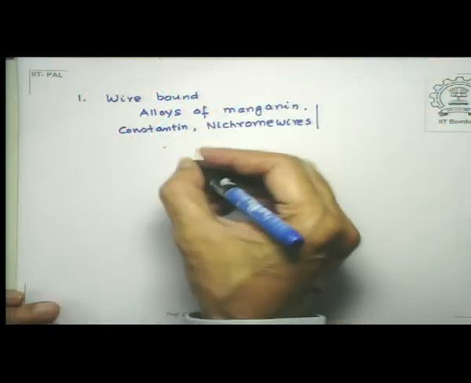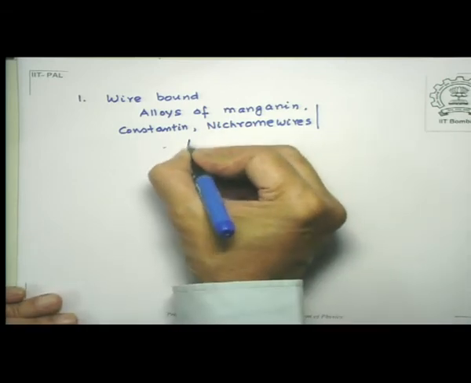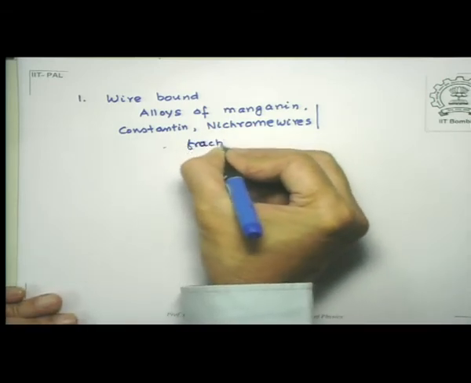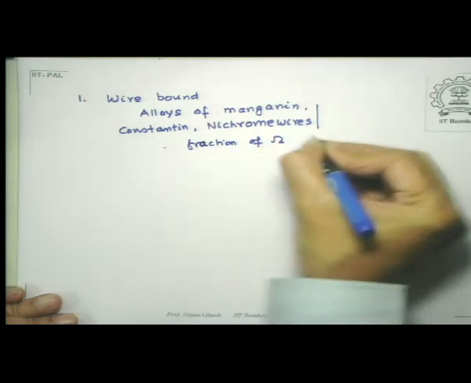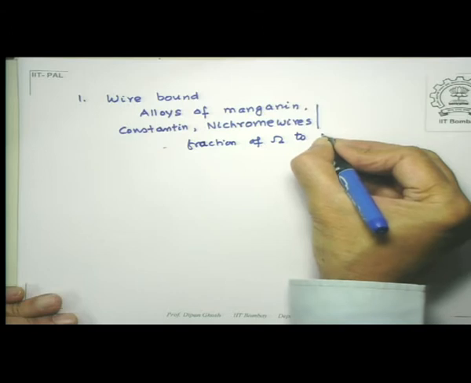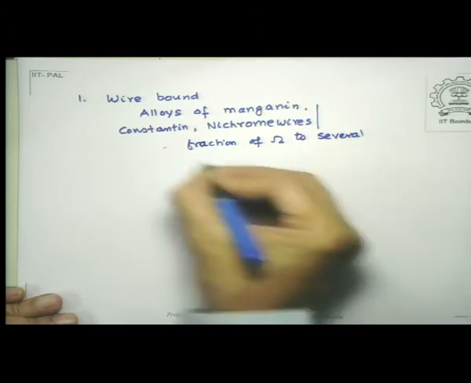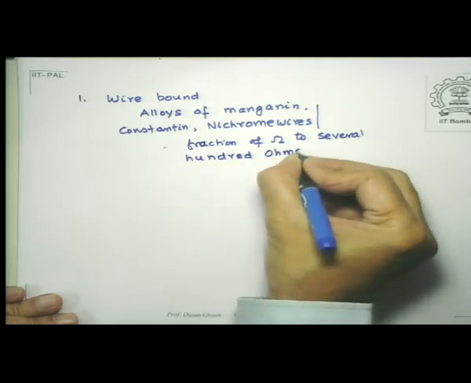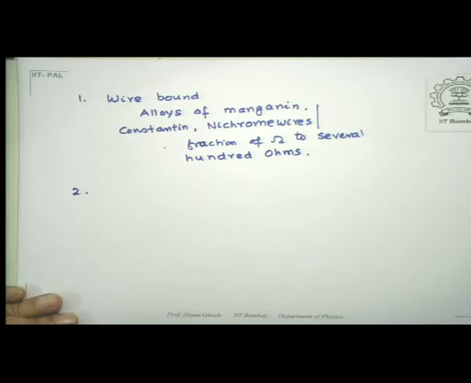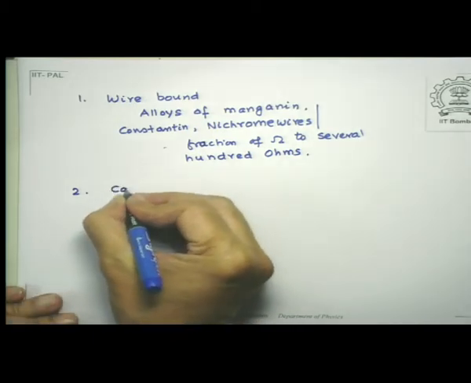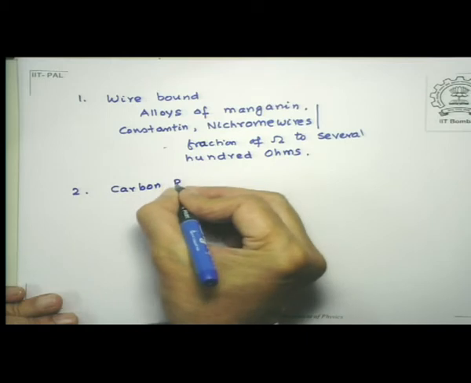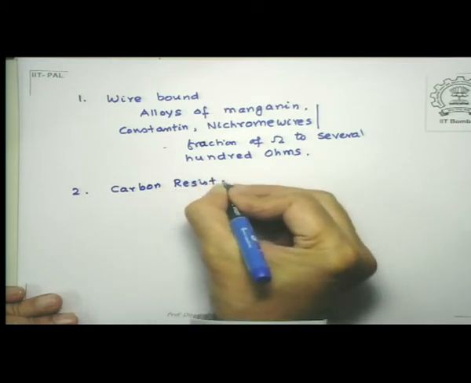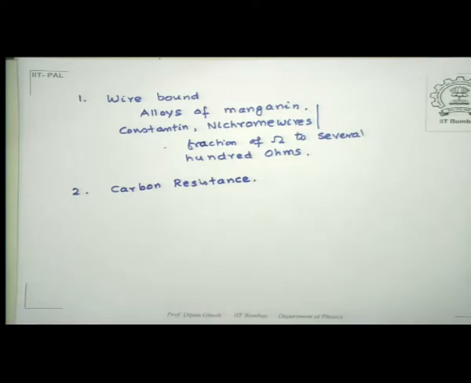And these are used when you want a typical resistance, from a fraction of an ohm to, let's say, several hundred ohms. More common are what are called carbon resistances, which also have such sturdy properties.